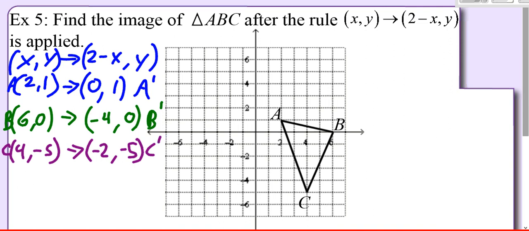And you can plot all those points out. So 0, 1, negative 4, 0, and then negative 2, negative 5. That's C prime.